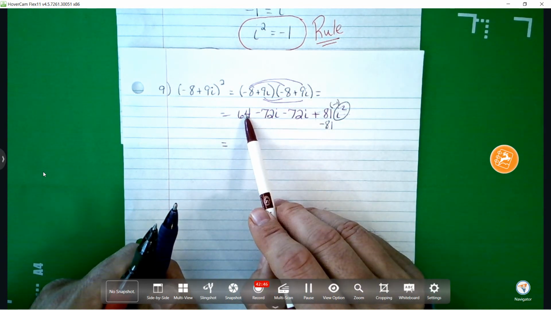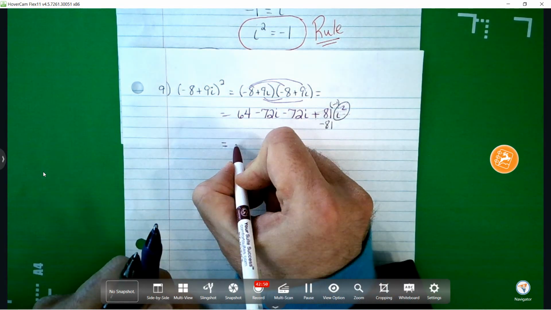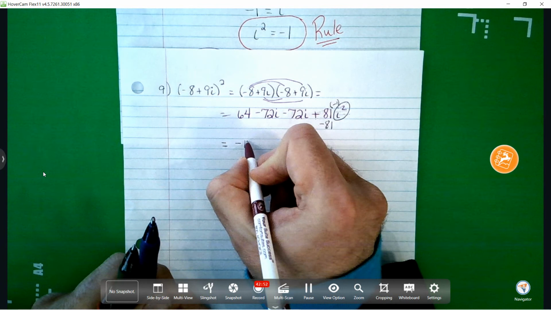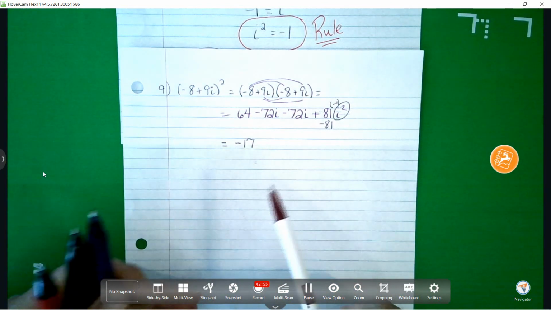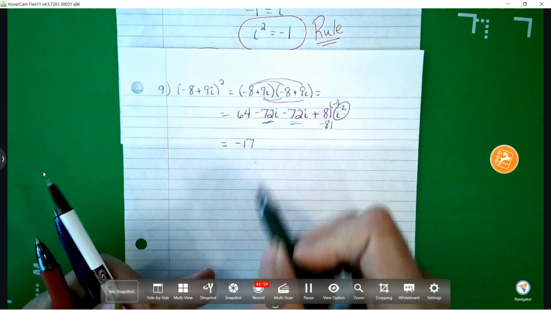So we have 64 minus 81. That's going to be a negative number. Is it a negative 17? And then combine the two i terms.